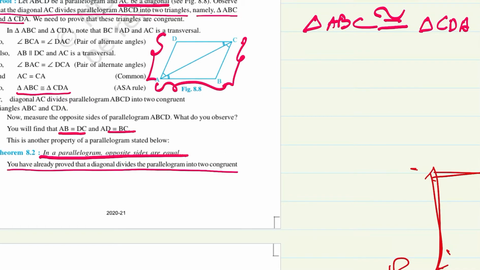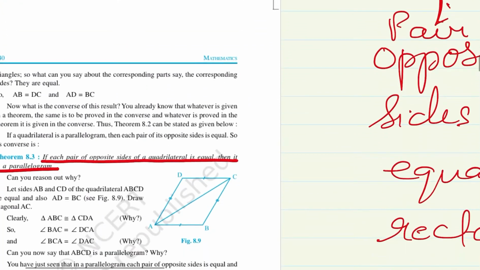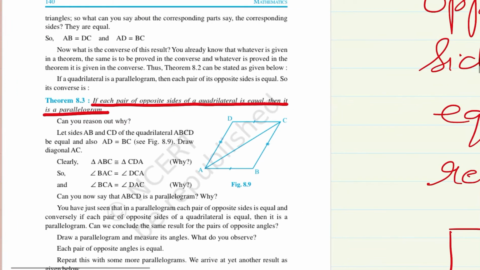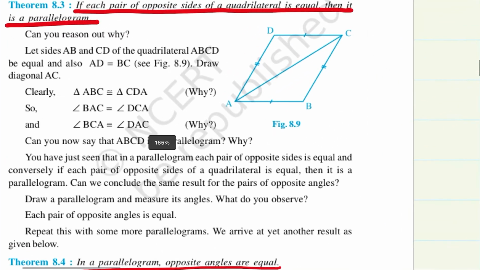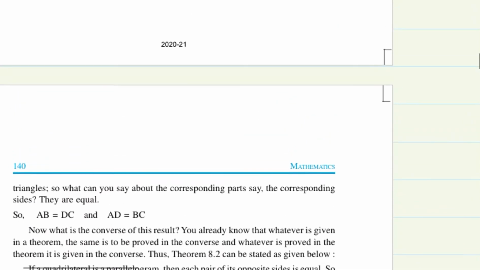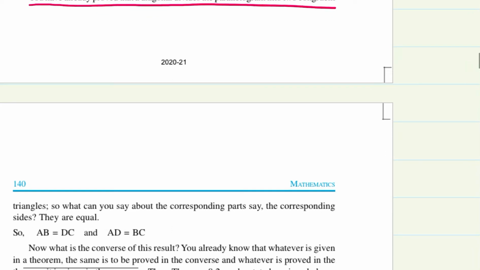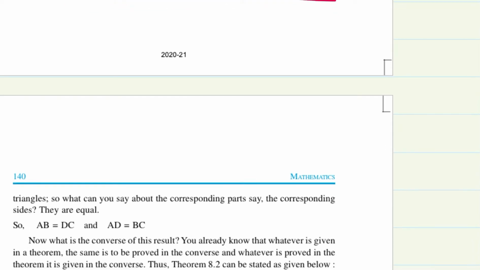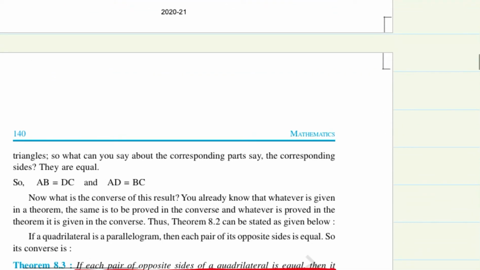Similarly, AB and CD are the sides of the triangles. They also would be equal according to CPCT. So it is automatically proved that in a parallelogram, the opposite sides are equal.